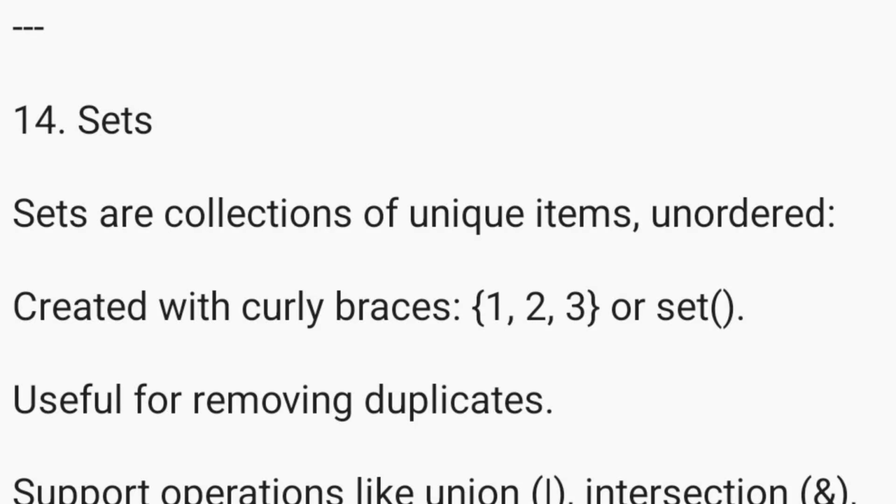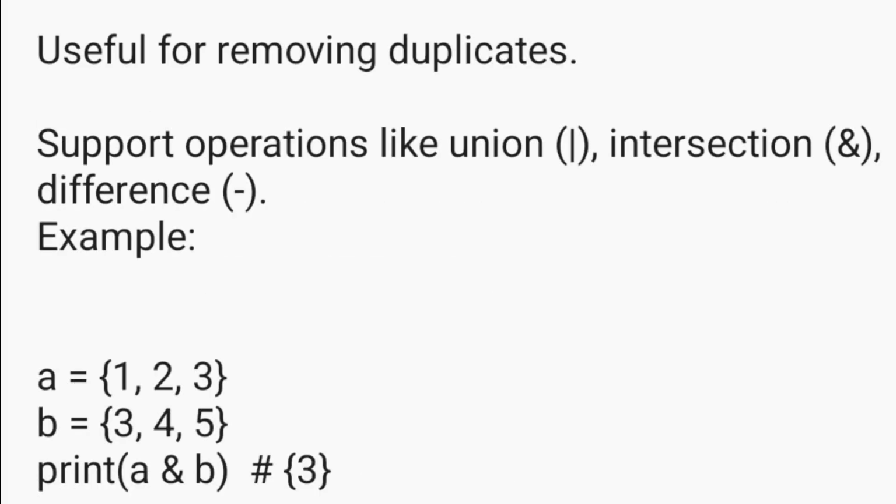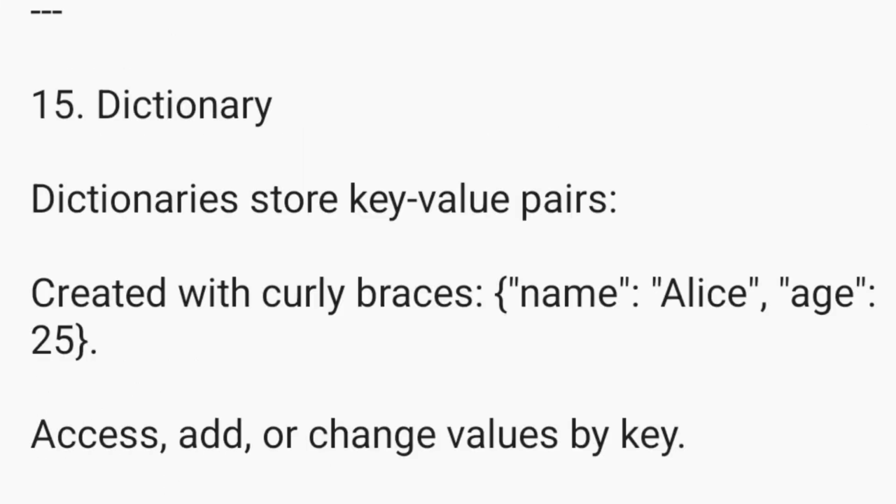14. Sets. Sets are collections of unique items, unordered. Created with curly braces {1, 2, 3} or set(). Useful for removing duplicates. Support operations like union, intersection, and difference. Example: A = {1, 2, 3}, B = {3, 4, 5}, print(A & B) gives {3}. 15.